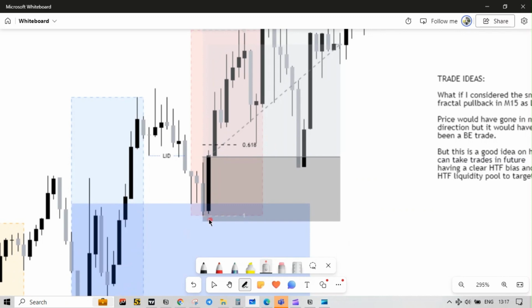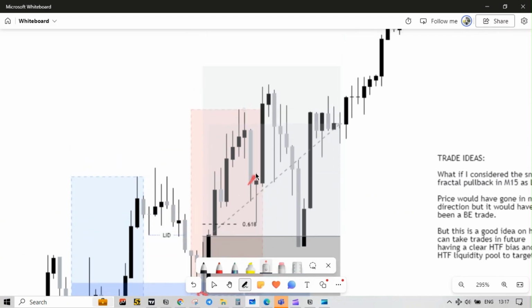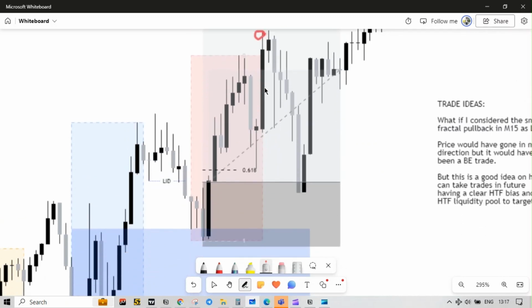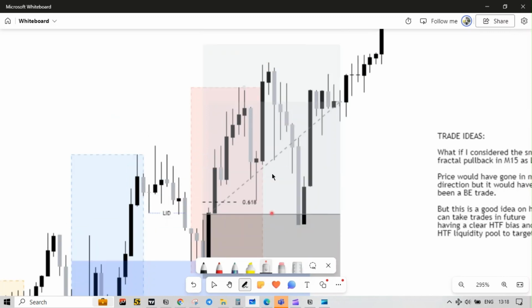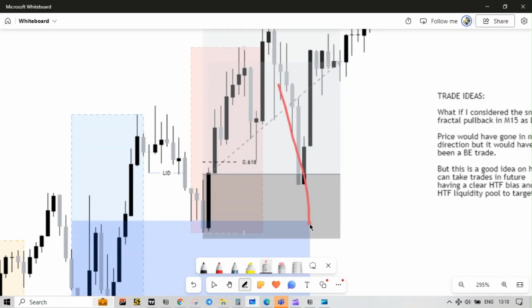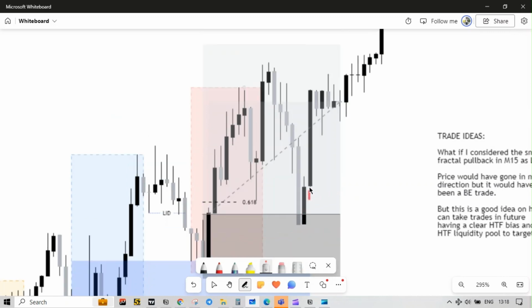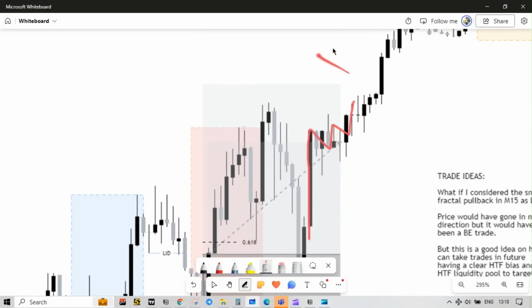So taking fib from this point to this point, the 61.8 comes around here. Which means I can confidently break even with a ton of buffer. But the price came down rapidly to take out this 61.8 and the stop loss liquidity below it, and then one massive push up to take the take profit.